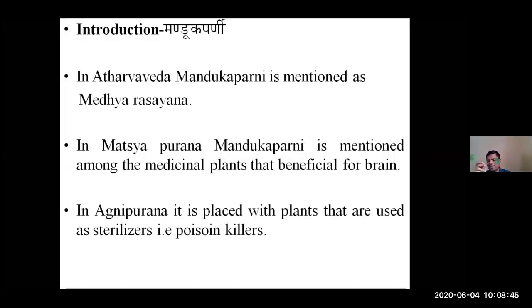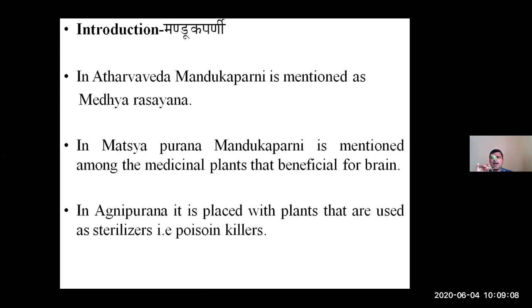Regarding this plant, we are getting information since the Vedakala, the Vedic period itself, where it was used as Medhya Rasayana. Brahmi and Manduka Parni have similar actions, so you can write both Manduka Parni as well as Brahmi as Medhya Rasayana Dravyas.